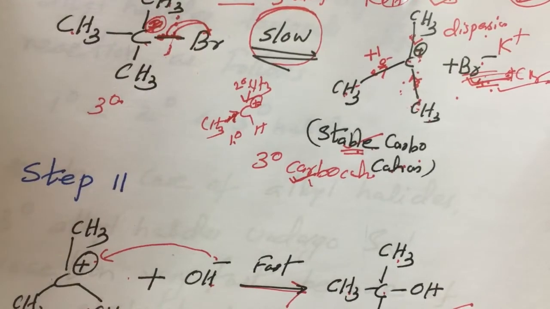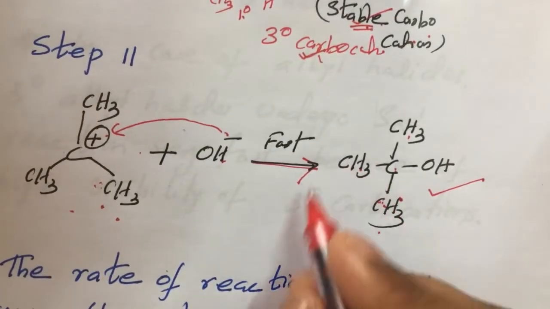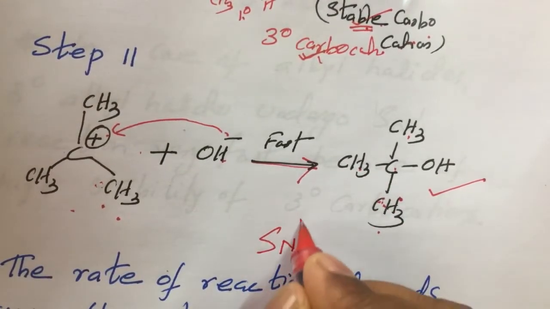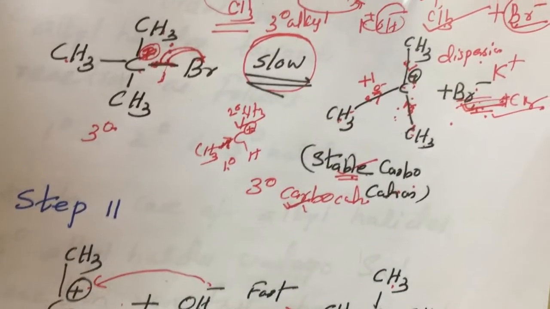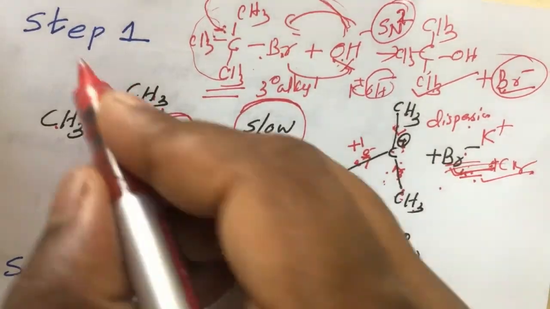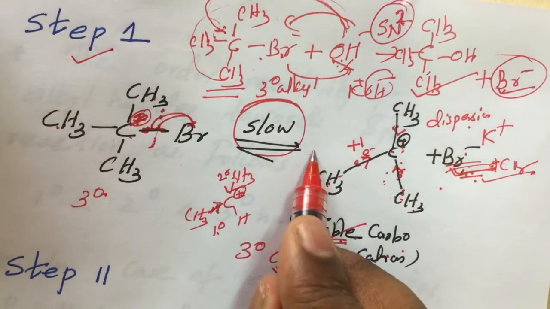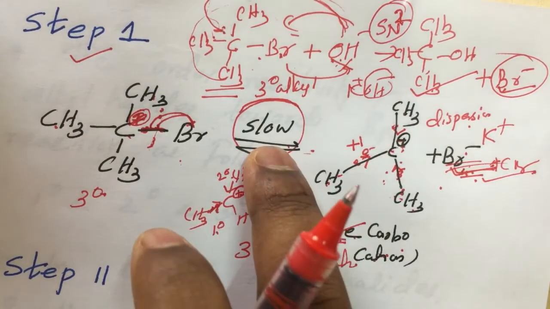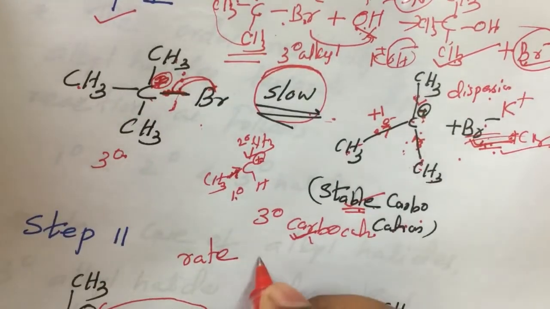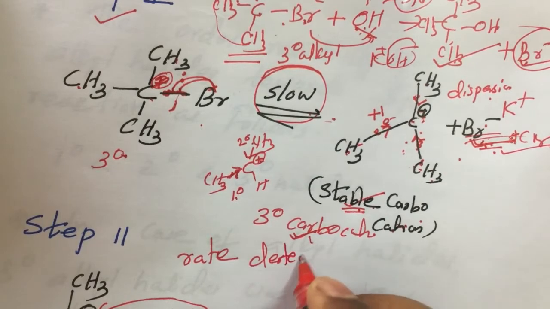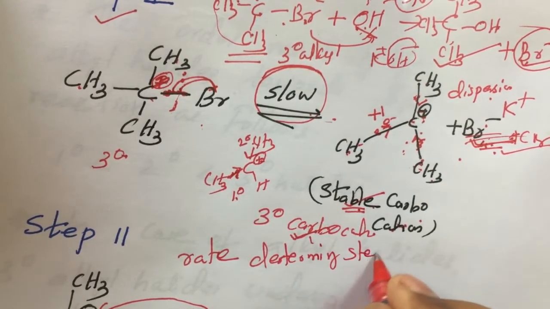Okay, clear? And why is it called the SN1 mechanism? In these 2 reaction steps, step 1 is the slowest step, also called the rate determining step. Chemical kinetics you learned. Which step?